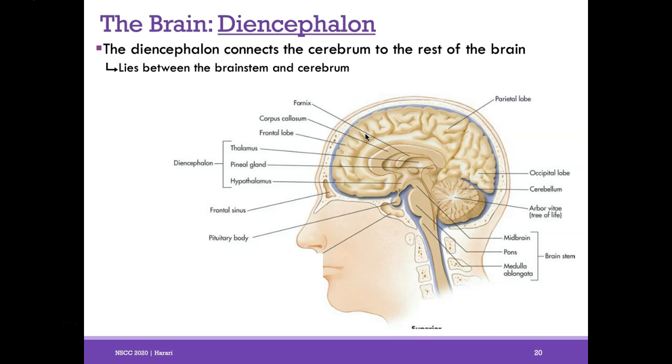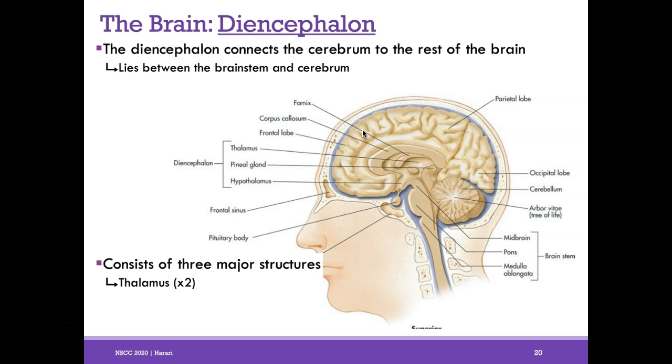Next up, we have the diencephalon. The diencephalon connects the cerebrum to the rest of the brain. It lies between the brainstem and the cerebrum, and there are three major structures within it.